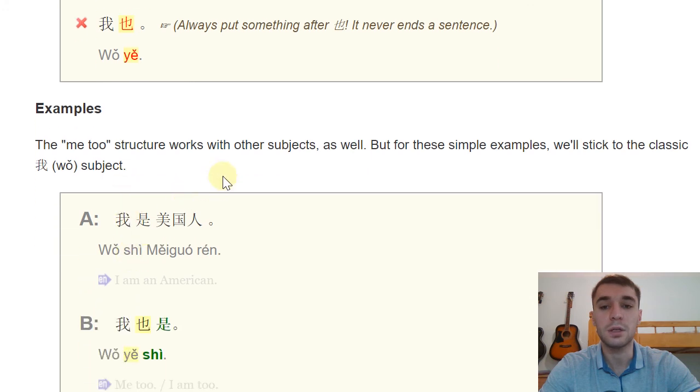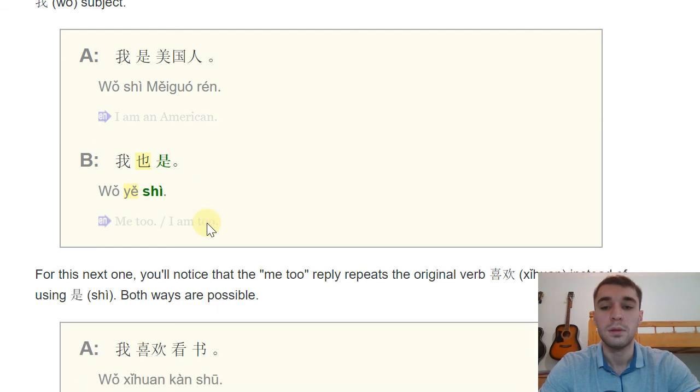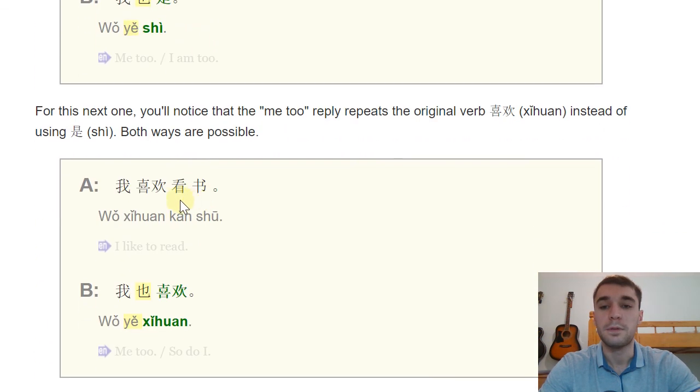Examples. The me too structure works with other subjects as well, but for these simple examples, we'll stick to the classic 我 subject. 我是美国人. So I am an American. Me too, I'm too. 我也是. You cannot say 我也. Okay, for this next one, you will notice that the me too reply repeats the original verb 喜欢 instead of using 是.